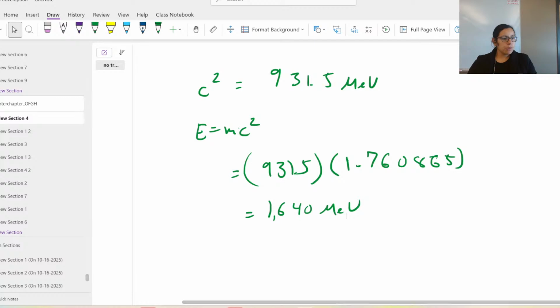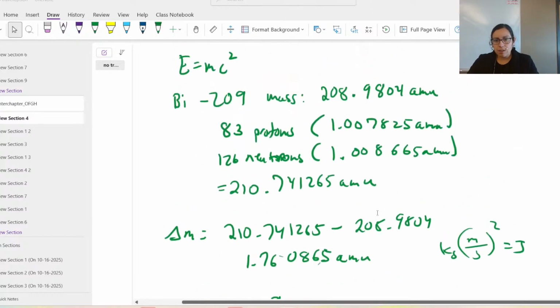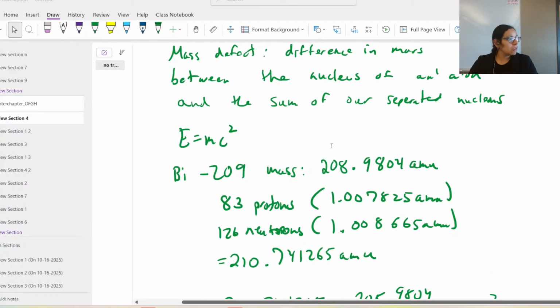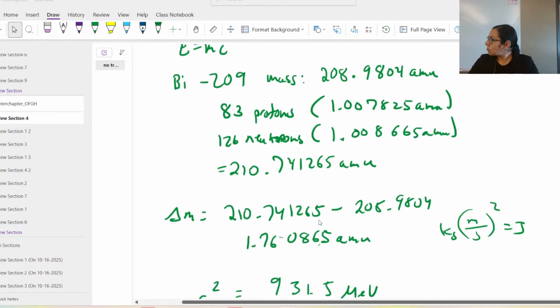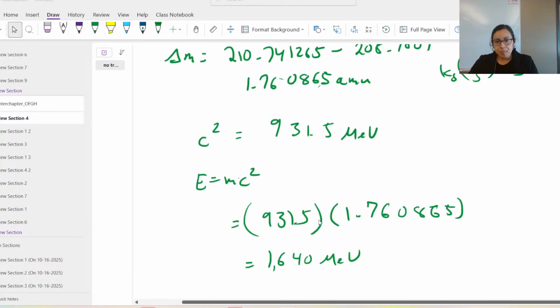And then we want to convert this per nucleon to see how much is stored in each binding energy. So basically, some of this is lost to our binding energy. Our missing mass is what ends up holding everything together.